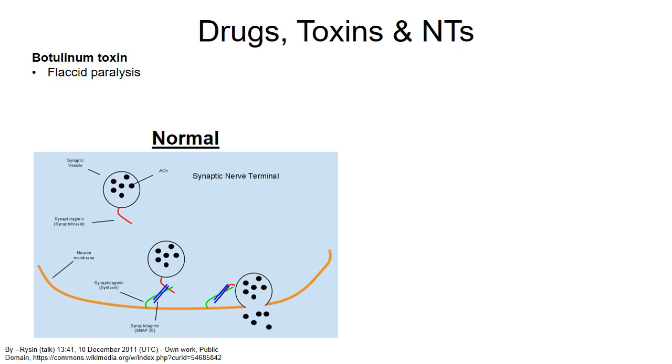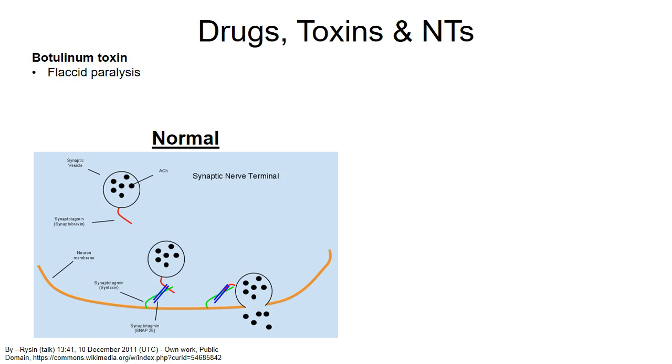I introduced SNARE proteins because we're going to be talking about them as targets for certain types of poisons and toxins. Those SNARE proteins come together when calcium is present, and they help with merging of that vesicle with the plasma membrane and creating an opening for the neurotransmitter to be released.